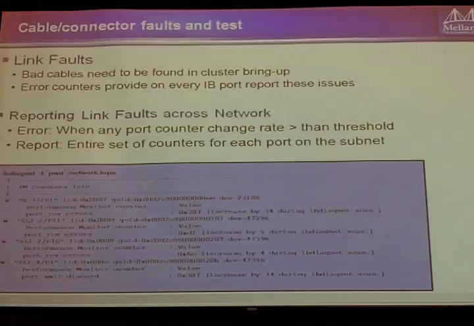Okay, so here I'm reporting a bunch of different counters, and basically I've exceeded my threshold. These show up as port receive errors. So they're basically CRC errors that have shown up on packets on these ports. So when you build a cluster, it's really important to do this to check that you don't have any bad cables.